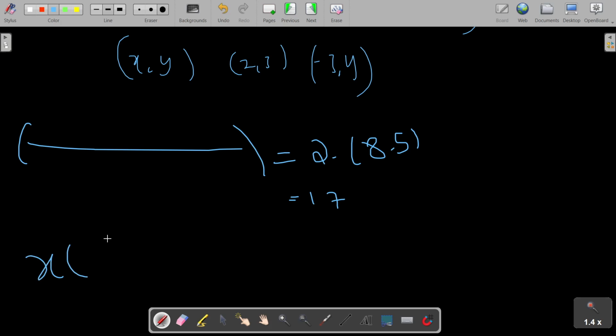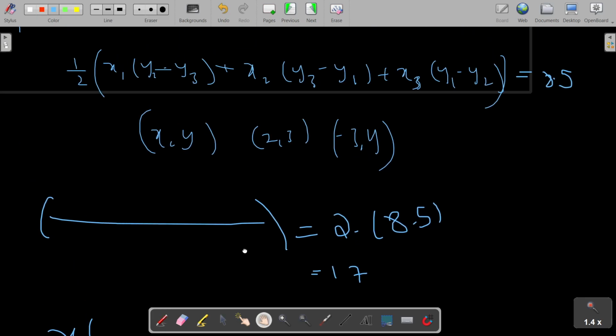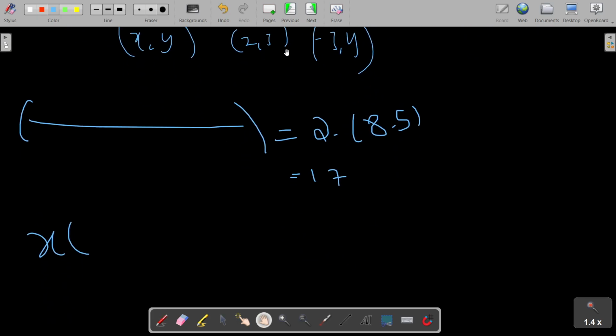So x1, which is x, times y2 minus y3: y2 is 3 and y3 is 4, so 3 minus 4.